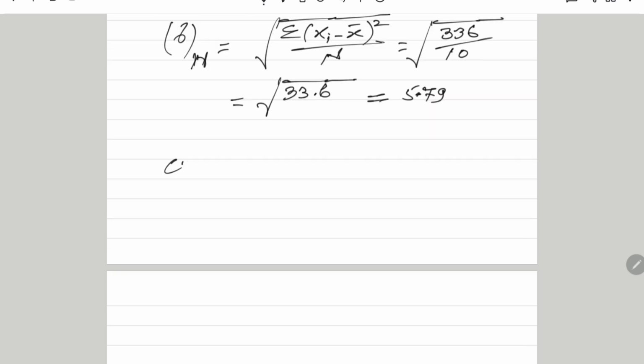Then we find the CV for weight. The formula is standard deviation divided by mean into 100. Standard deviation is 5.79. Mean is 72, into 100.